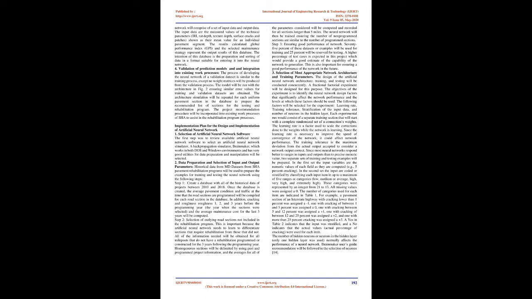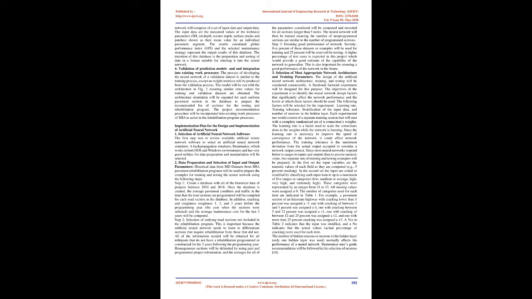The intention of this database is the preparation and sorting of data in a format suitable for entering it into the neural network. For validation of prediction models and an integration into existing work processes, the process of developing the neural network of a validation dataset is similar to the training process, except no weight matrices will be produced from the validation process.